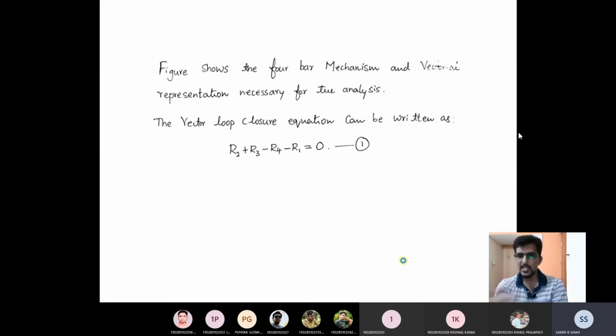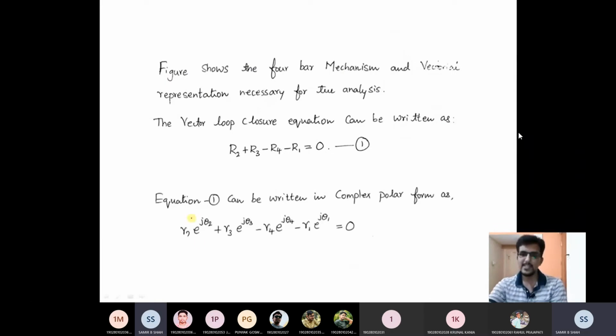So now I will borrow the same equation number 1 from the previous slide, and I write it using the complex polar form. R2 has both magnitude as well as direction. So small r2 represents the magnitude and theta 2 represents the direction. Similarly for r3 theta 3, r4 theta 4, r1 theta 1.